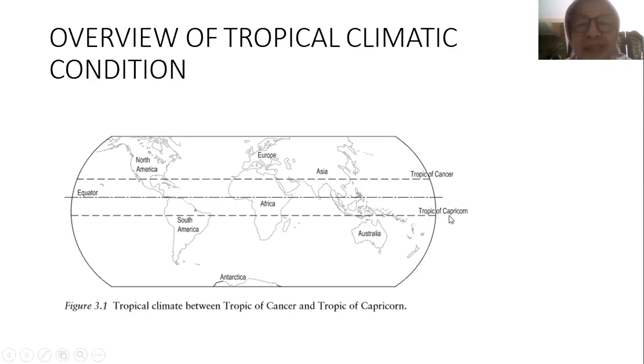What is the main problem for tropical climate or hot humid climate or warm humid climate in Surabaya or in Indonesia or in Malaysia? Maybe the same climatic group or climatic region.